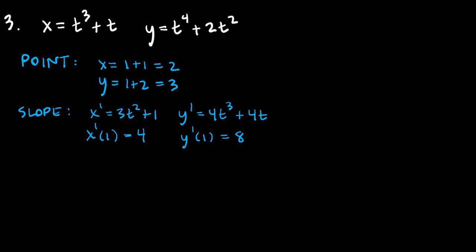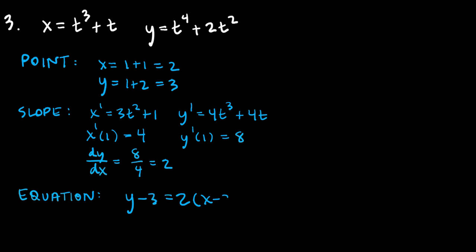So dy/dx, being y prime divided by x prime, is going to be 8 divided by 4, and that's 2. So I've got my ingredients. I can write the equation of my tangent line, and it'll be y minus 3 equals 2 times (x minus 2). And that's how we write a tangent line.